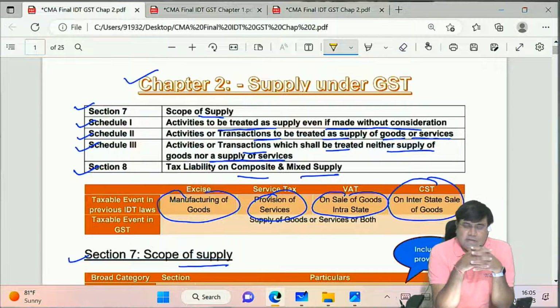CA Amit Jain classes are available at 5,000 rupees. So Amit Jain normally charges 5,000 rupees for classes. One student comes and requests Amit Jain not to charge anything.